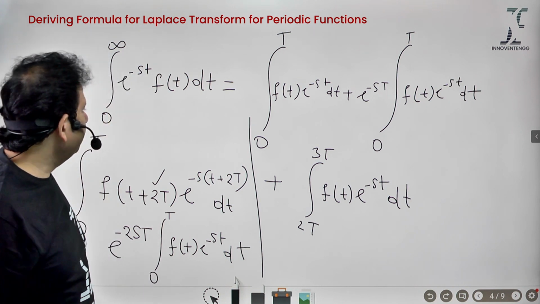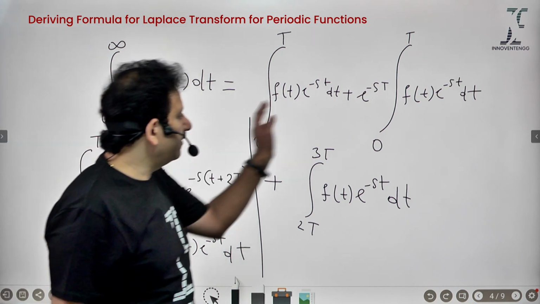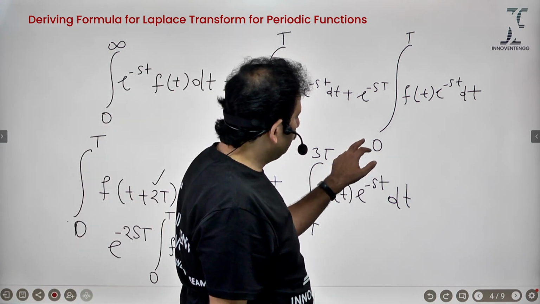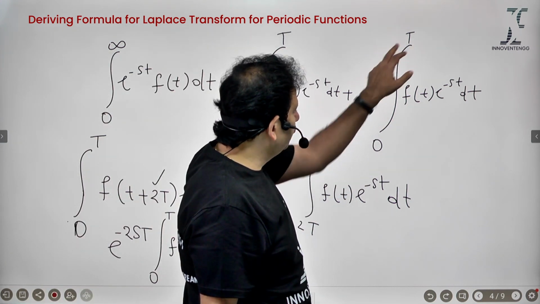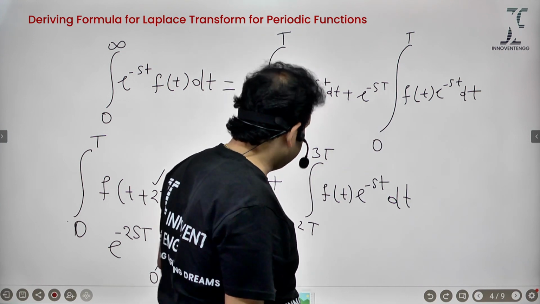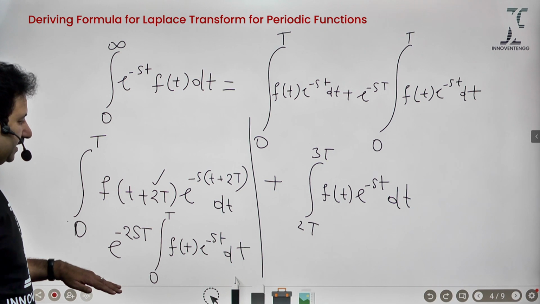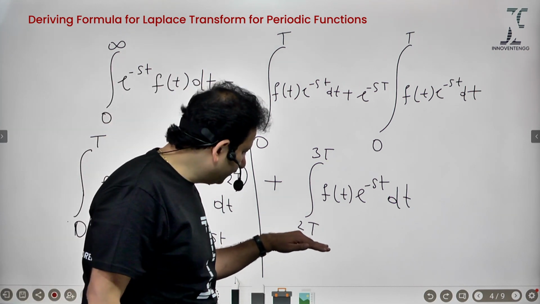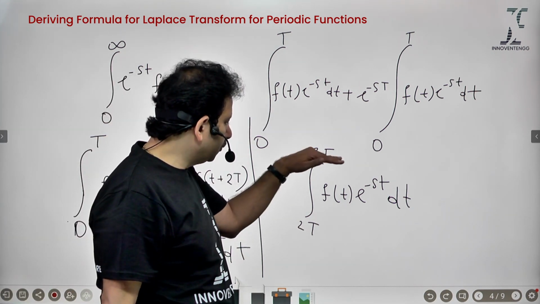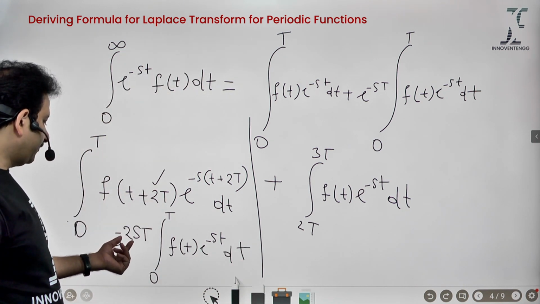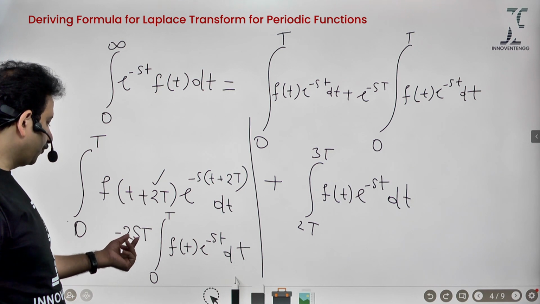And you can see that we have shifted a period for every other integral. The integral which had the limits from T to 2T, in fact, has this coefficient. And if you observe carefully, we have also deduced that if the integral had the limits from 2T to 3T, then it will have a coefficient of e power minus 2sT.